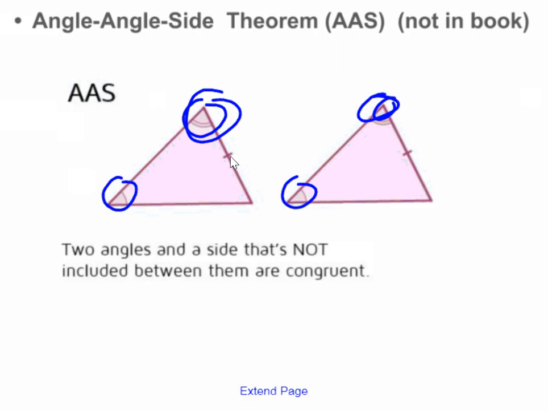So I would never say side blank blank going this way, because if I wanted to say side angle angle, I would have side angle side. Oh, I'm missing two, so I can't go this way. I'd have to go this way, which would be angle angle side. So this works, but you couldn't go this way around.